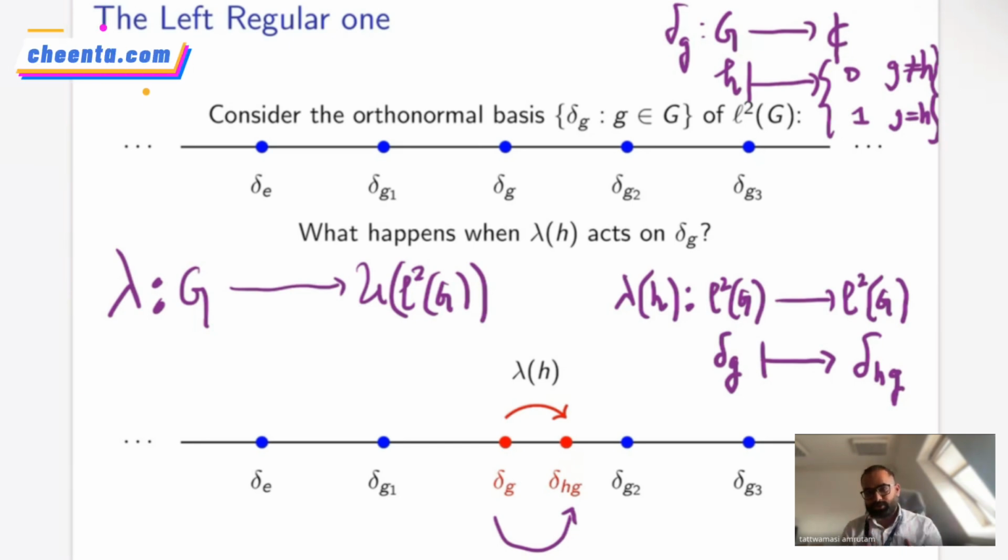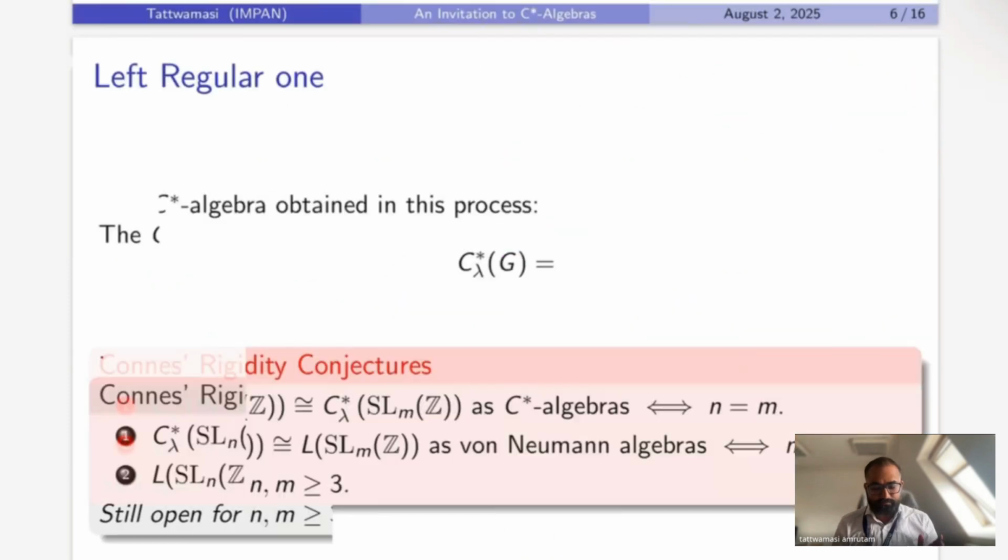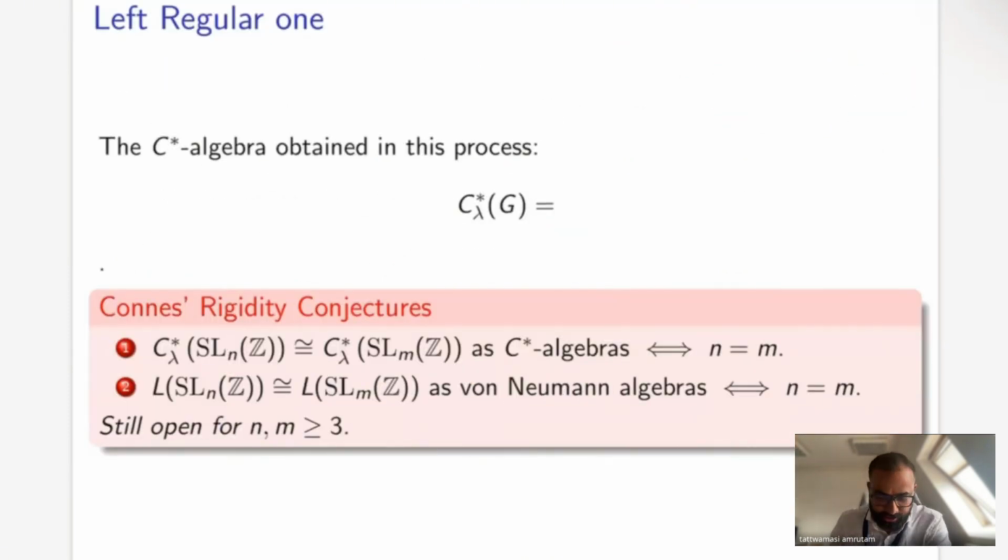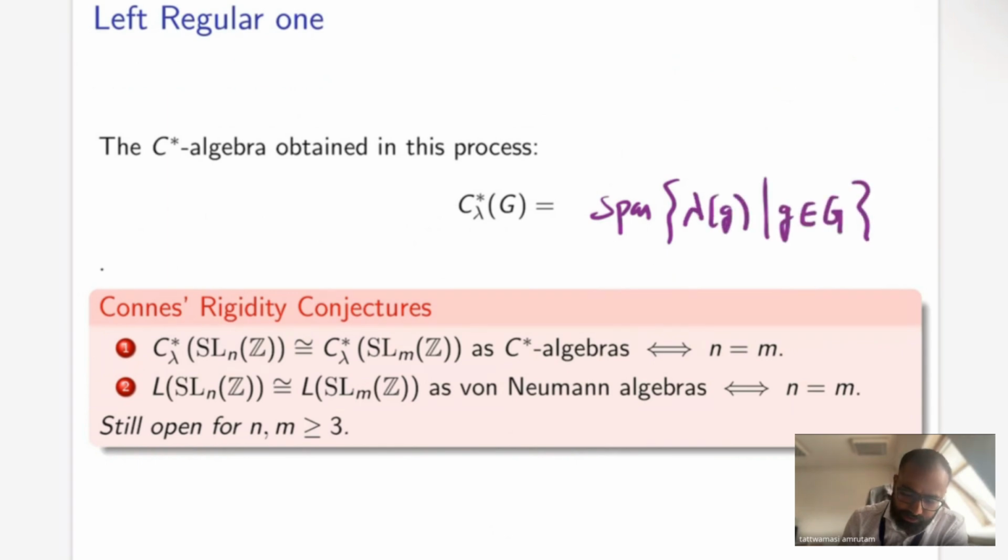Then the process we described in the last slide will give us the reduced group C-star algebra. This is the span of these lambda(g)'s, and then I close it in the norm in B(L2(G)). This is what we call the reduced group C-star algebra.